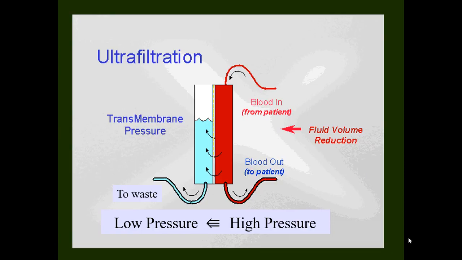Now coming to how dialysis works. There are three things we need to know: ultrafiltration, hemofiltration, and hemodialysis. We'll start with ultrafiltration. Ultrafiltration is basically movement of fluid from a high pressure system to a lower pressure system, right?